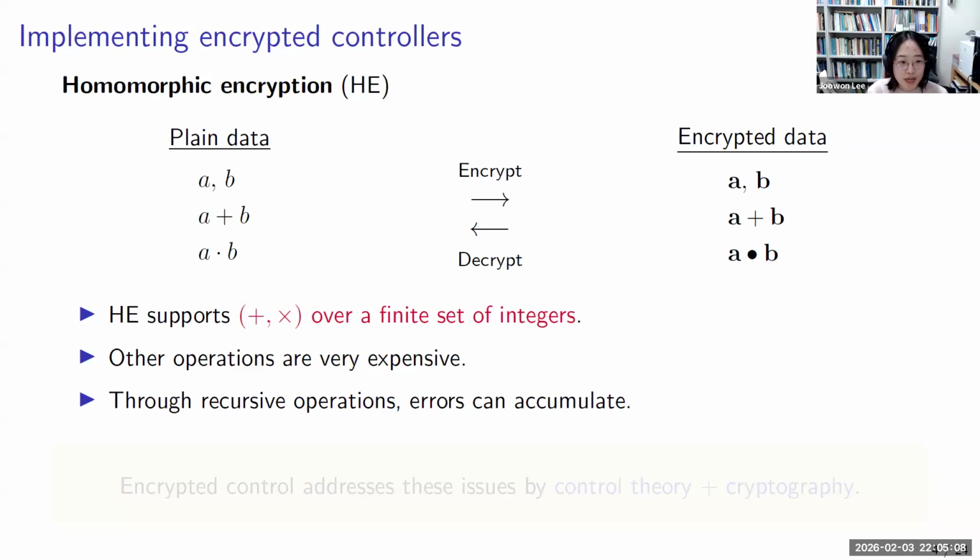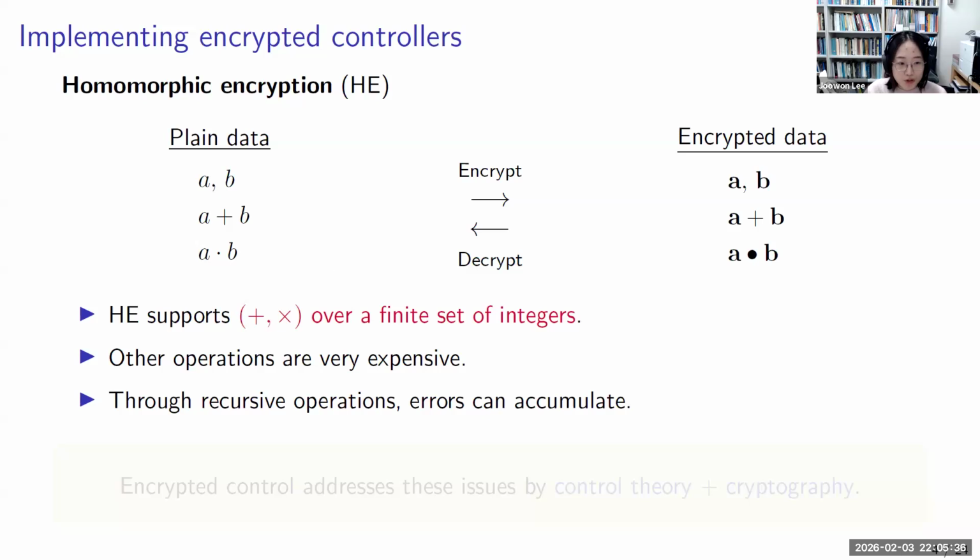For example, when we have plain data A and B and their encryptions, both A and both B, homomorphic encryption allows operations over this both A and B like this, and the results of these operations correspond to A plus B and A times B when they are decrypted.